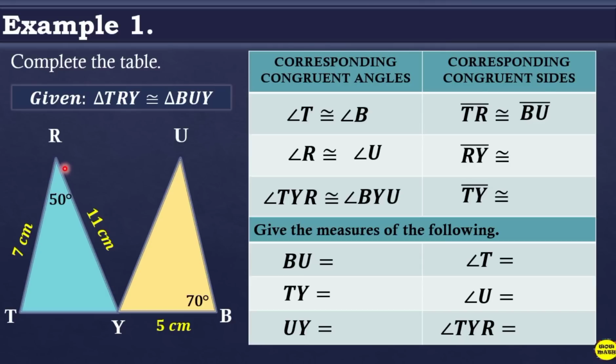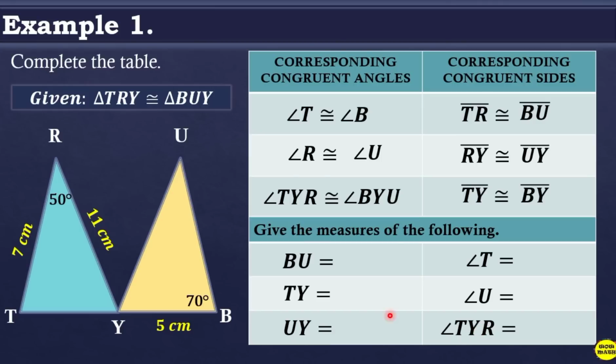Segment RY is congruent to segment UY. And TY is congruent to segment BY. Given the corresponding angles and sides, we can get the measures of BU, TY, UY, and the angles.